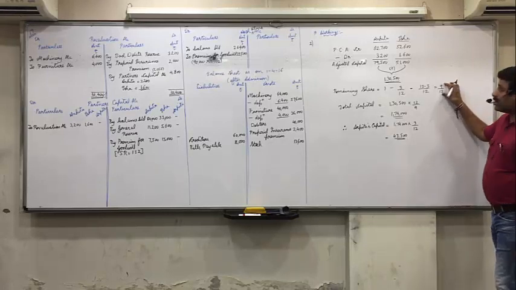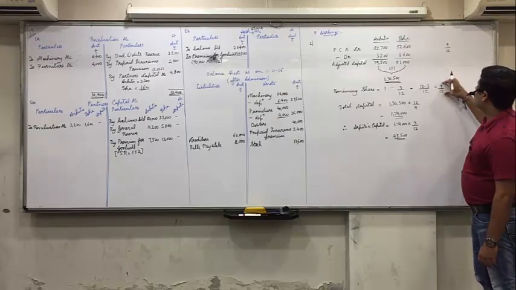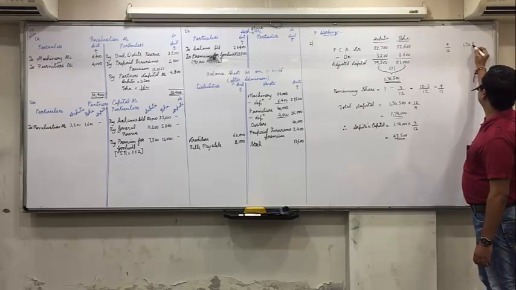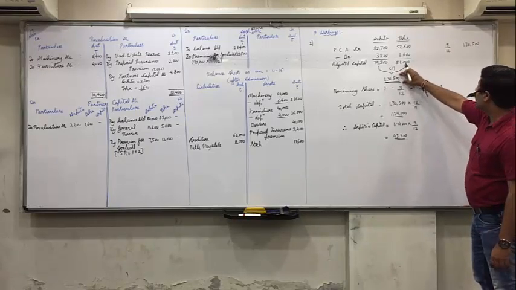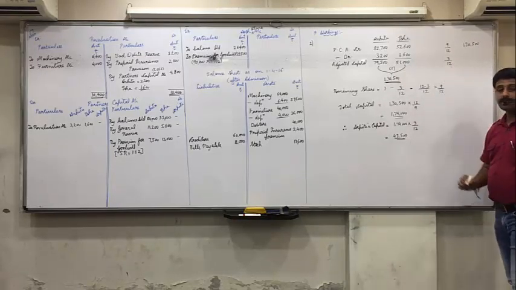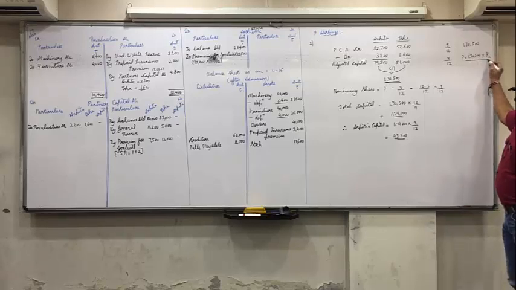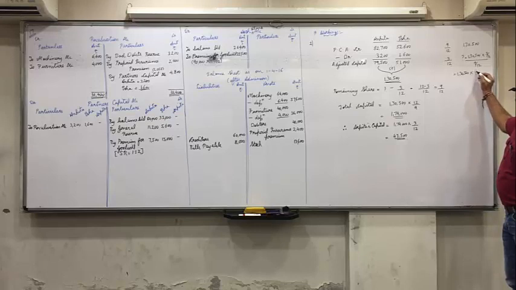After this, you can also do it with logic. See here, for 9 by 12, that is the share of Ankita and Isha, their capital is 1,30,500. The new partner's share is 3 by 12, so how much will be her capital? 1,30,500 into 3 by 12 divided by 9 by 12. Dividing by 9 by 12 means 1,30,500 into 12 by 9, and then into 3 by 12.